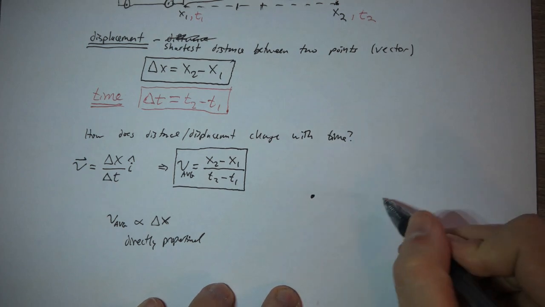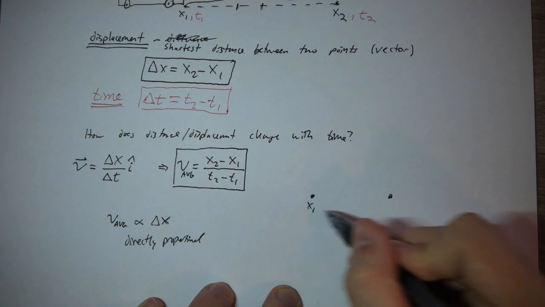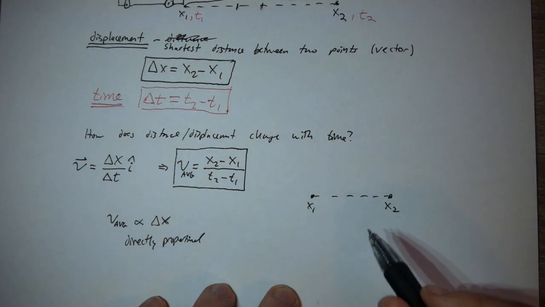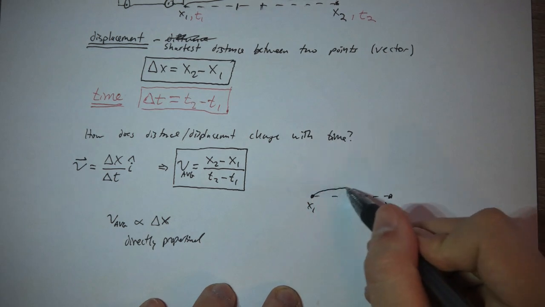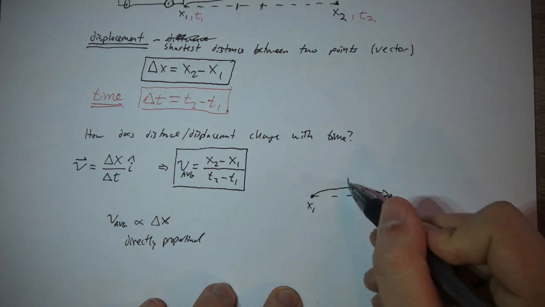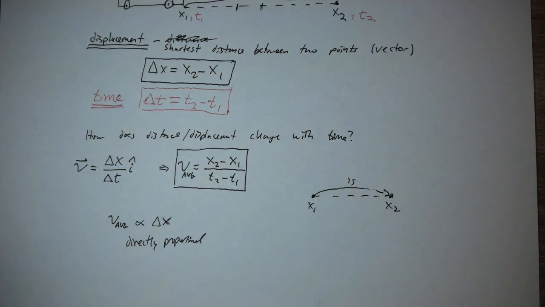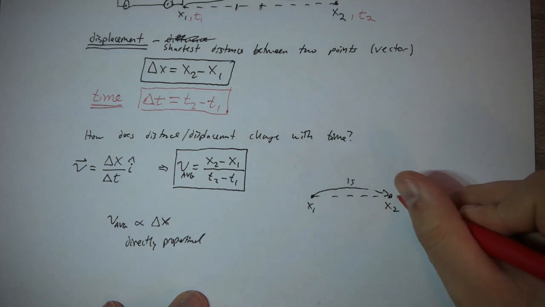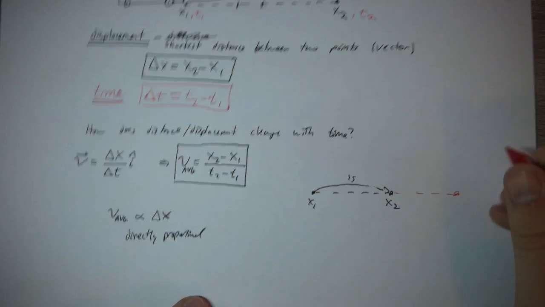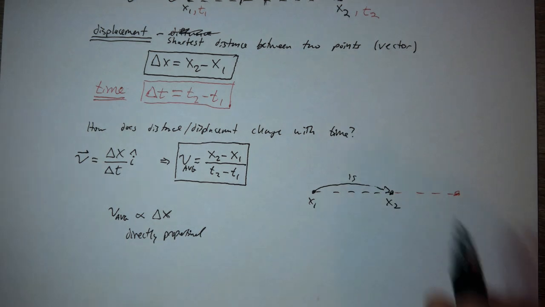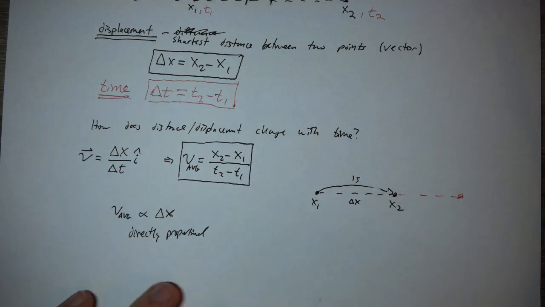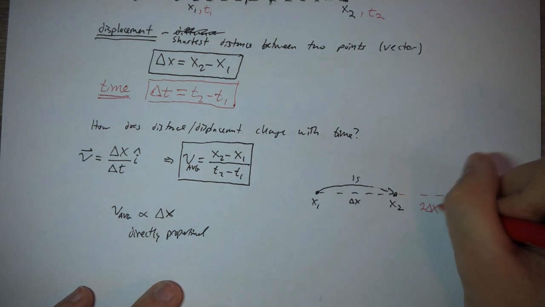So if we go from x1 to x2, and we do this in 1 second, then we double this. So I'll draw this in red, and we'll call this delta x. And then in red, this is 2 delta x.